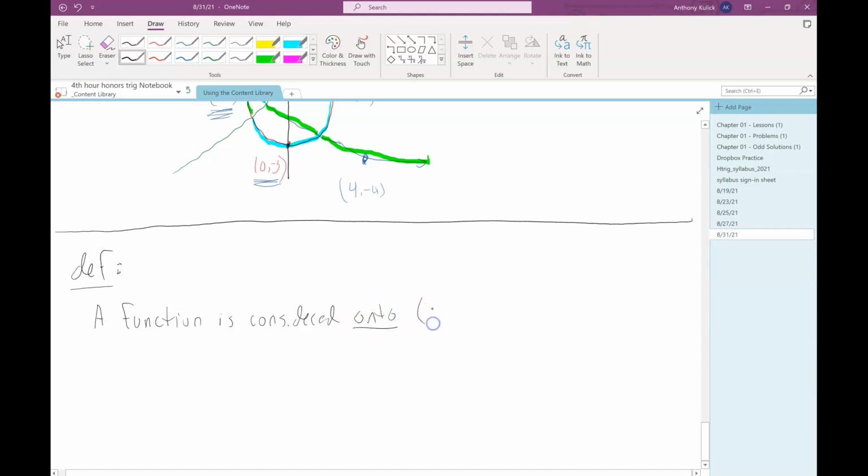And some people also use the term surjective. Onto and surjective can be used interchangeably. Onto is probably the more commonly used term, but probably not by much.